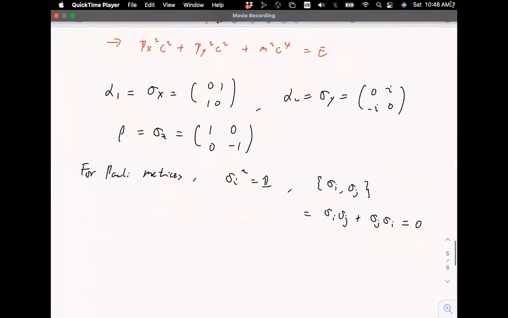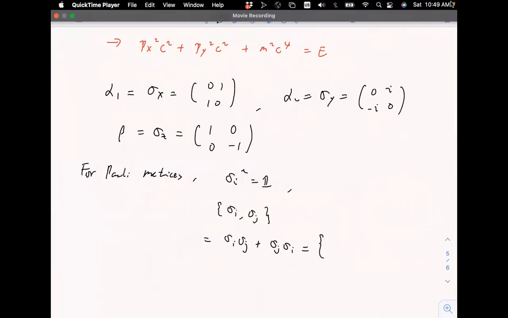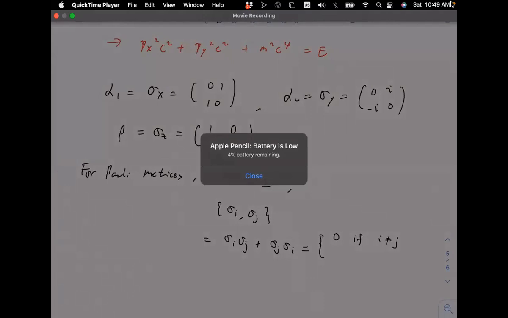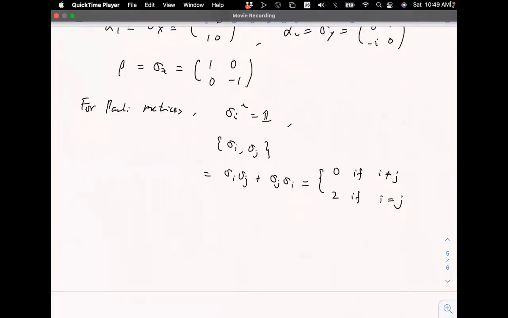That is the property of the anti-commutation: it will be 0 if i doesn't equal j, and it will be 2 if i equals j.